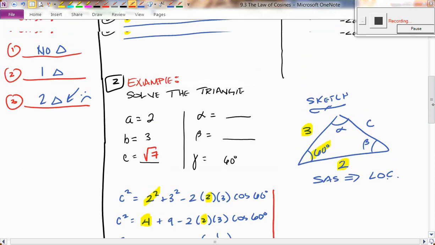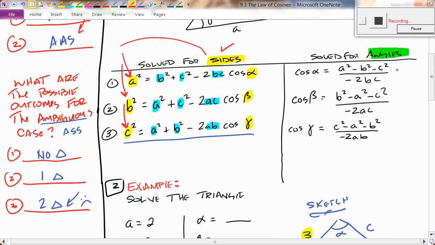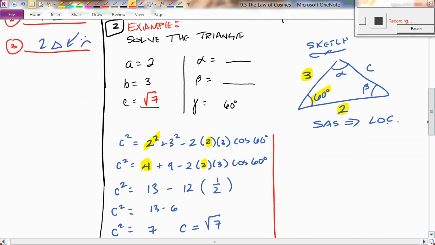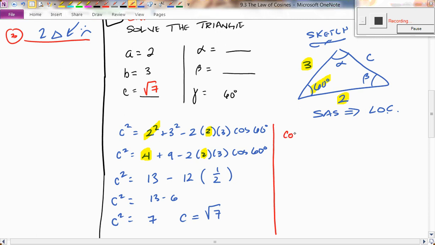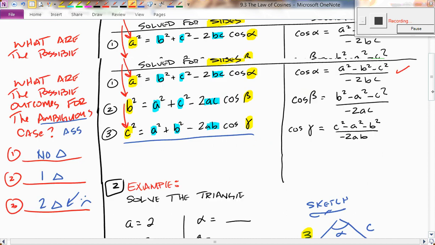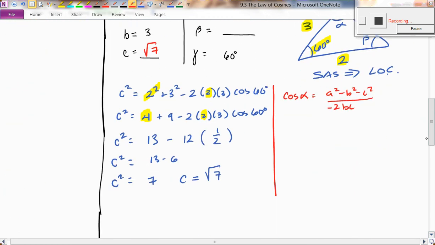So let's go back over here, and notice that I'm going to use the alpha formula. Cosine alpha equals a squared minus b squared minus c squared, all over negative 2bc. Is that right? Let's double check. Yep, that's right.